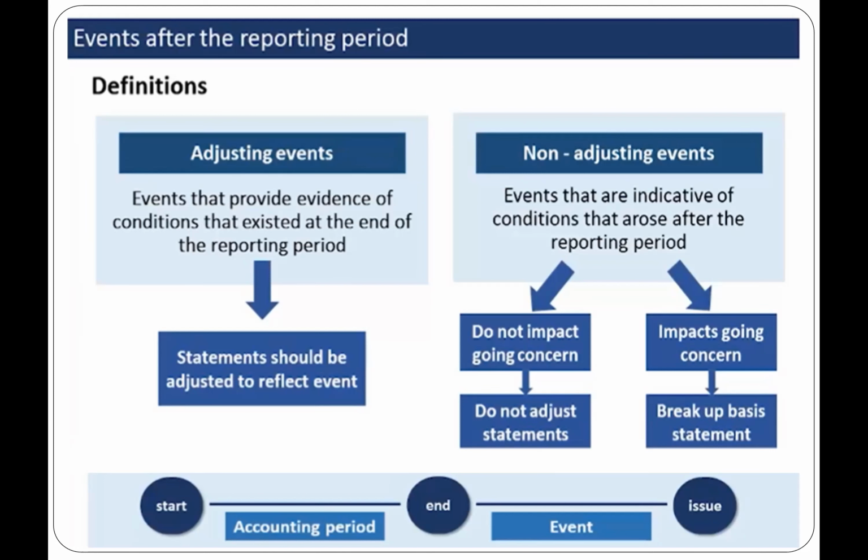Even though we came to know about it after the year ended, we will need to go back and change the figure, because these events happened before the year ended. That's why we call them adjusting events. It means we should go back to the financial statements and change the amounts that are affected by the event that came to light.